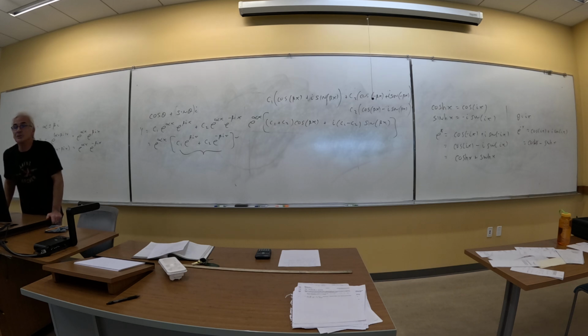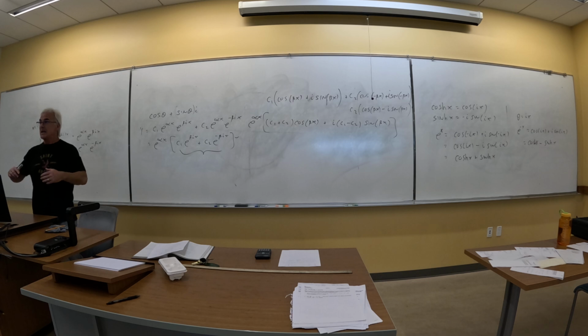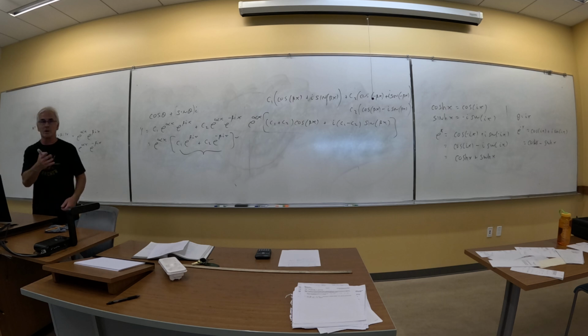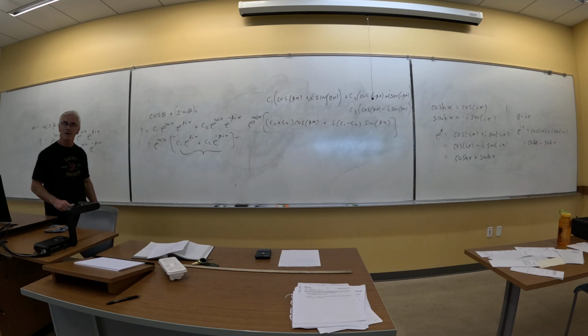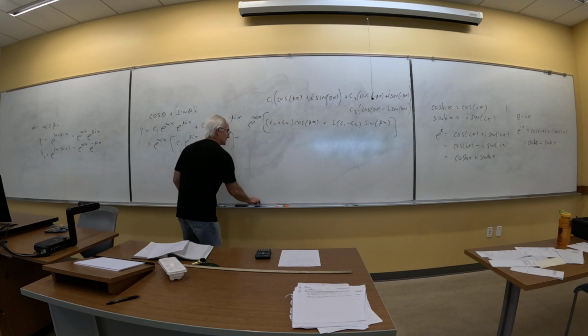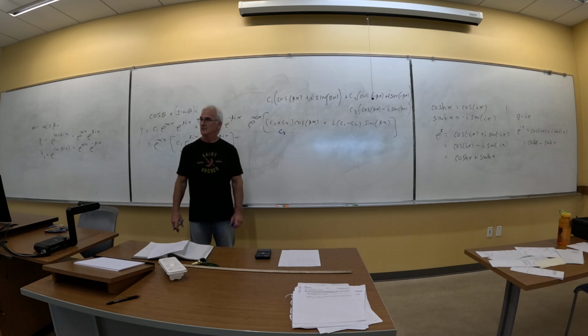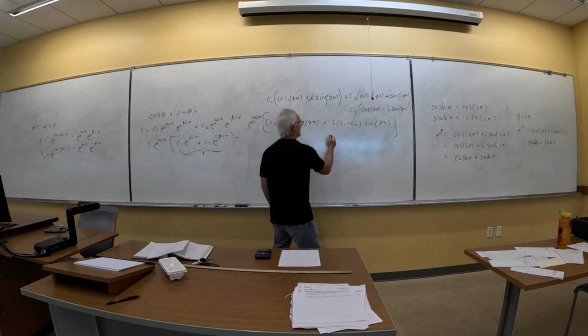It's just that your functions were not complex. Everybody understand that? Your coefficients can be anything and it wouldn't change anything. If you check an answer with a C1 and a C2, you're going to get the right answer whether C1 is real or imaginary or complex. It doesn't matter. So since C1 and C2 can be anything, real or complex, I have a great idea. Let's just call it C3. What do you want to call this guy? C4.